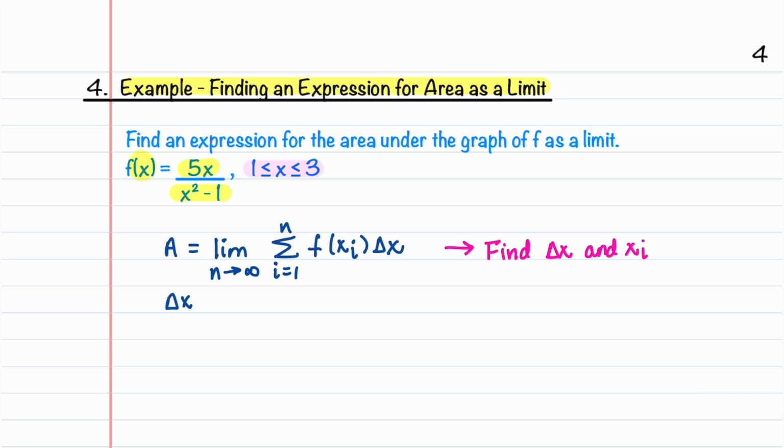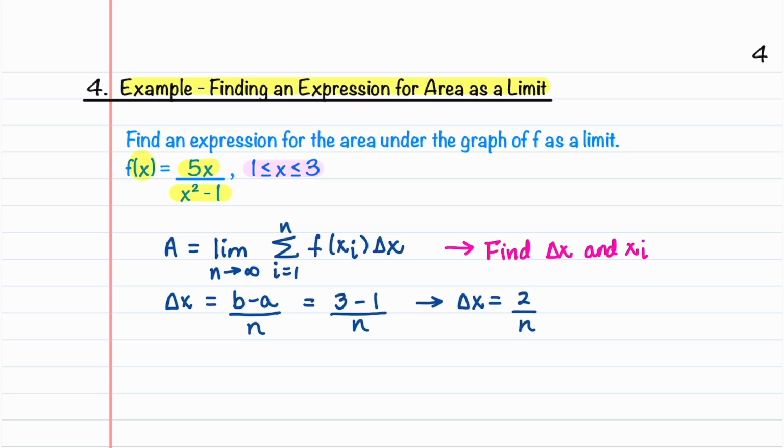Delta x is equal to b minus a all divided by n. b is our right-hand endpoint, and in our case, that's 3. And then a is our left-hand endpoint, and that's 1. And n is our number of rectangles, and that just remains as n. So we have delta x is equal to 2 all divided by n.